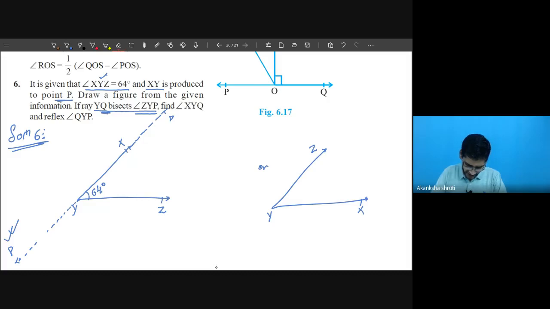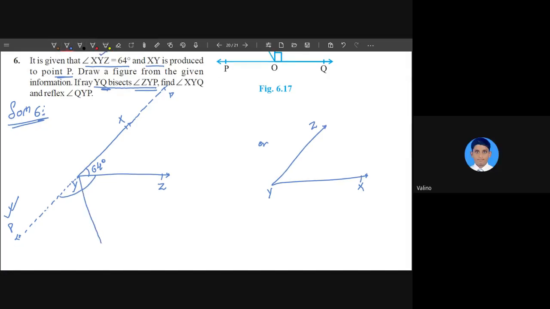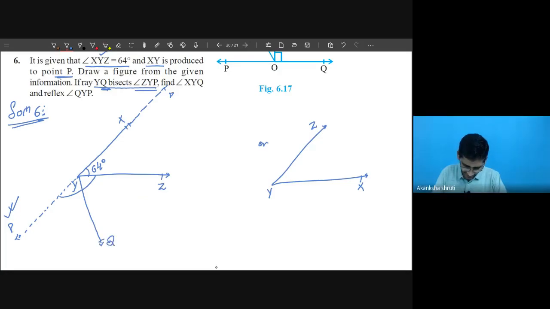So let us take this. It is given that YQ, from Y, is the bisector of this angle. What do we mean by bisector? Yes, students, we have discussed it. It divides the angle into two equal parts. Very good. So if Q is somewhere here, then this angle and this angle will be equal, and each will be half of this bigger angle.